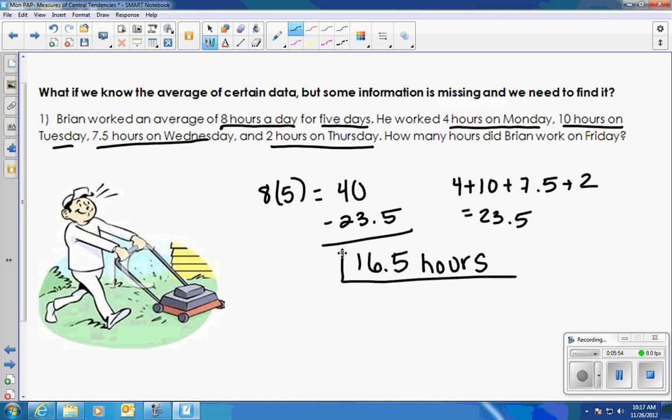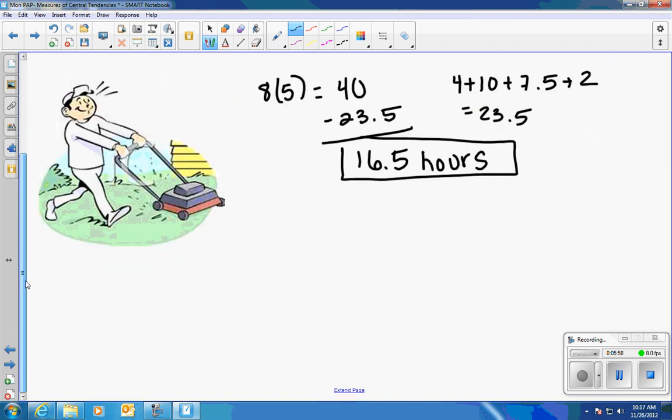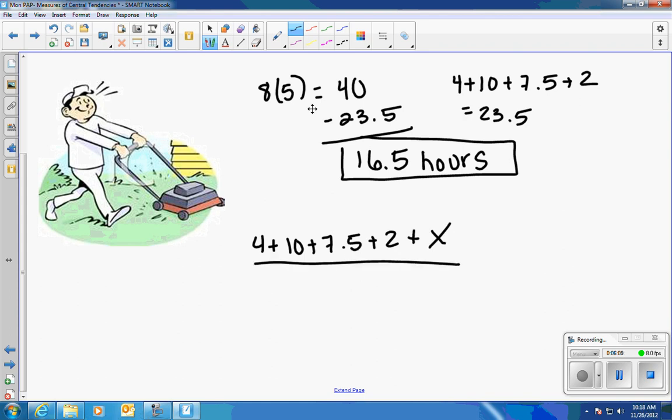So basically what I did is I took the idea that all of these added together, including the one that I don't know, is going to be divided by 5 because there's 1, 2, 3, 4, 5 pieces of data. So this is me finding the average. And I know that that average should equal 8 because it told me that was how much on average.